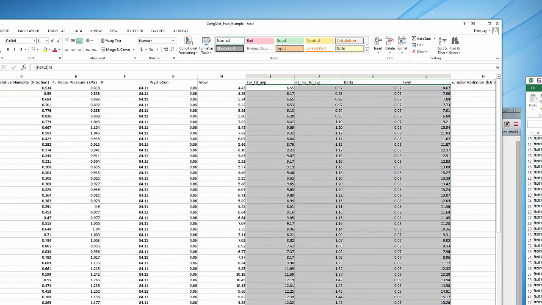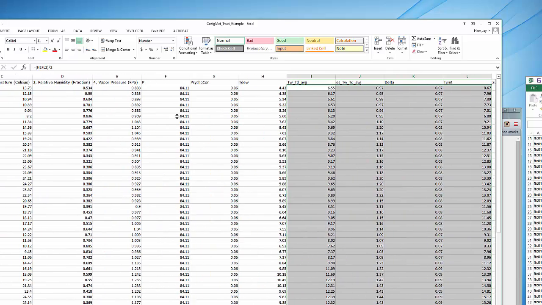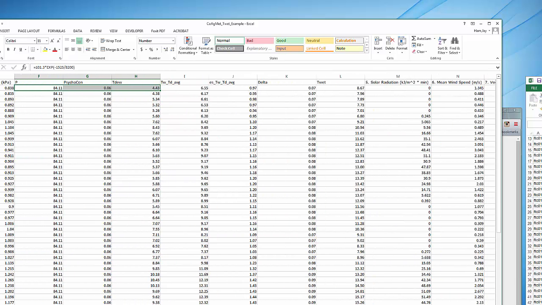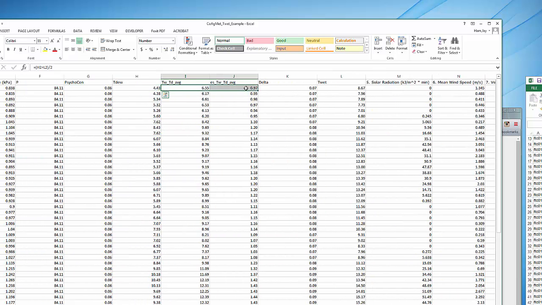Now remember, I don't remember if I showed it, but I'd already done that for pressure, psychrometric constant, and T-dew. These first three do not have anything to do with the iteration. So once you get those three done, you can click those and fill those in. And then the second four, this group right here, is the ones that iterate.